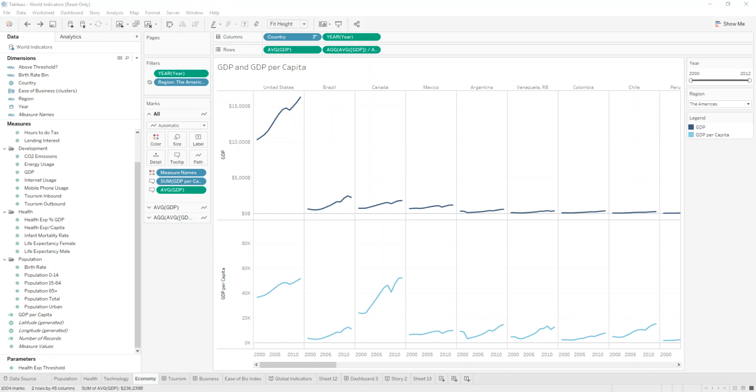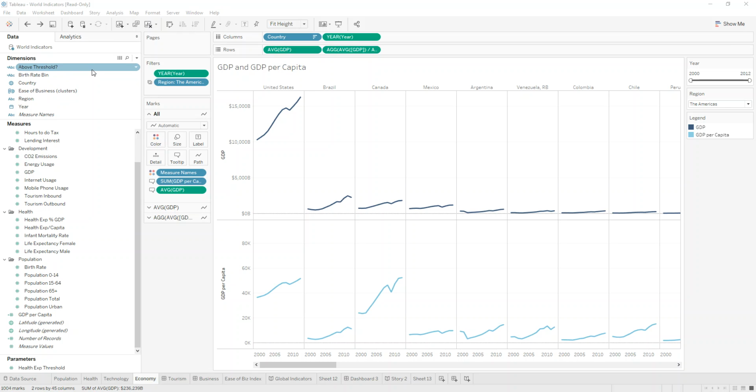So again, we have opened up here the sample workbook World Indicators, which is provided as part of your Tableau subscription. So if we're looking over here at our data pane, you can see that there's two general sections, the dimensions and measures. So dimensions are types of data that are going to be either text, date, or a bin for a histogram.